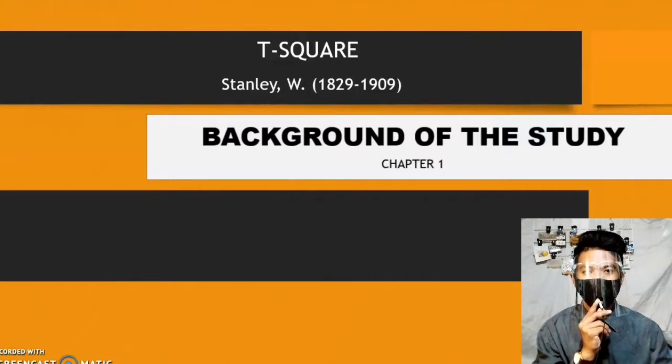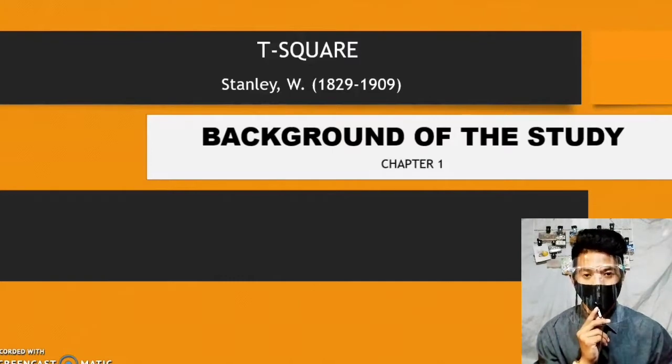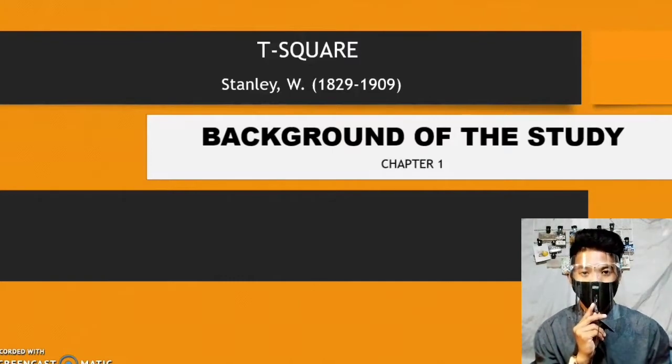William Ford Robinson Stanley, February 2, 1829 to August 14, 1909, was a British inventor with 78 patents filed in both the United Kingdom and the United States of America. He was an engineer who designed and made precision drawing and mathematical instruments. He invented a new T-square which improved the standard one and became universally used.